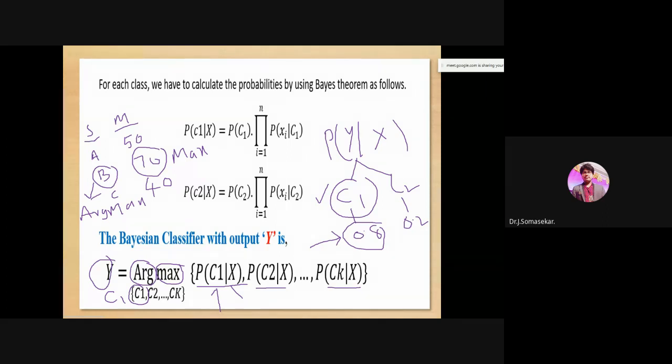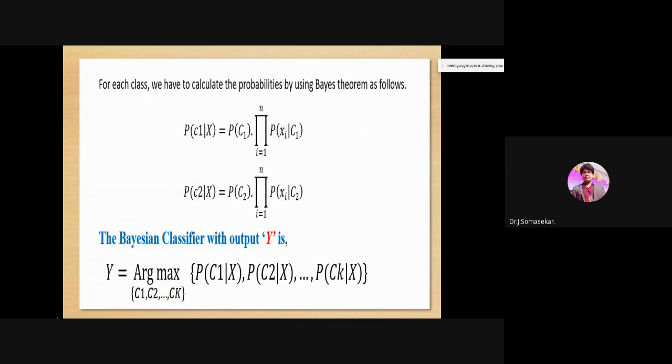So now we started with basic probability, extended to conditional probability, and derived Bayes theorem. By using Bayes theorem, we applied it to our data set, and finally the classifier can be written as y equals argmax P of y given x. Y is nothing but C1, C2.